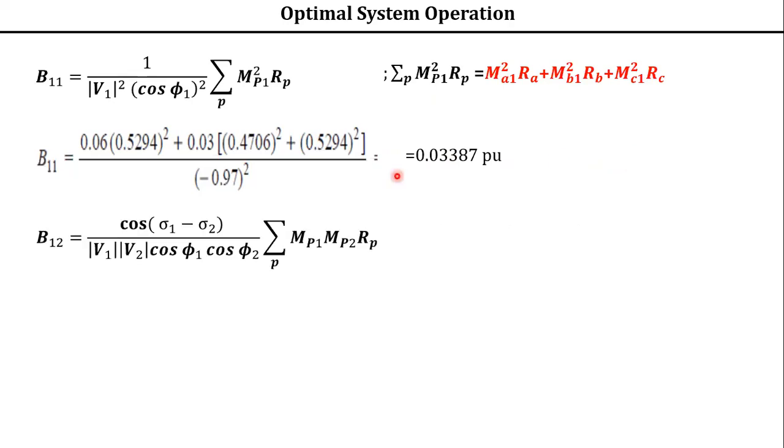Now next, B12. This is the formula we have derived. We have the values V1, V2 magnitudes, cos of sigma 1 minus sigma 2, and cos phi 1, cos phi 2 we have determined. Only this term remains. It can be represented as MA1, MA2, RA, the first term because this is a sum, plus the same for branch B. Some mistake has happened; the other terms are going out of the screen.